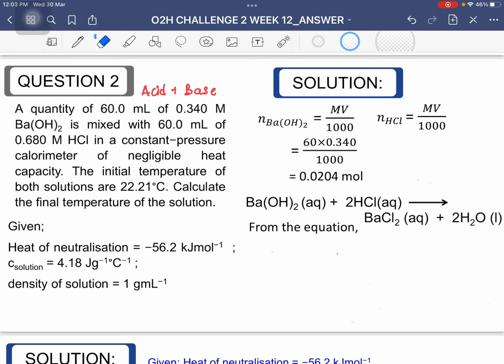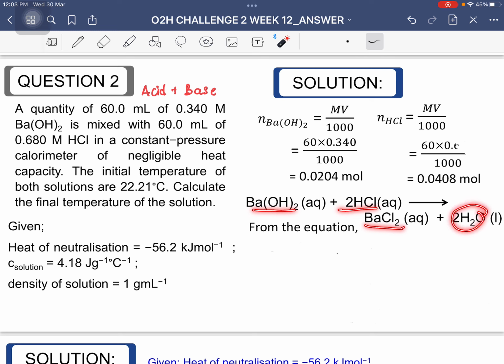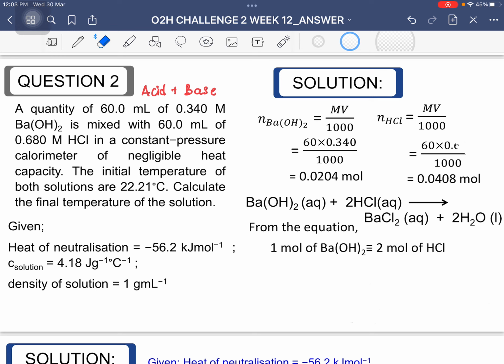Okay, so 0.0204 mole barium hydroxide, while 0.0408 mole of HCl. Okay, then we construct the equation. Barium hydroxide reacts with HCl producing barium chloride as a salt and water. Right, from the equation, 1 mole of barium hydroxide will react with 2 mole of HCl.